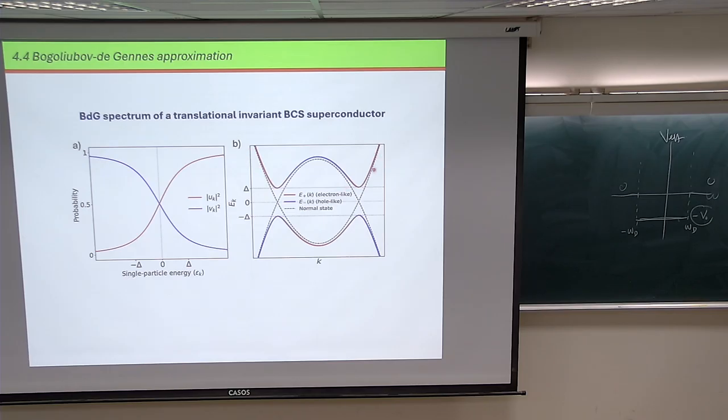Red indicates the states have more electron-like character, blue indicates they have more hole-like character. It makes sense because the curvature here is like the curvature for electrons, and here you have the inverse curvature, like for holes.